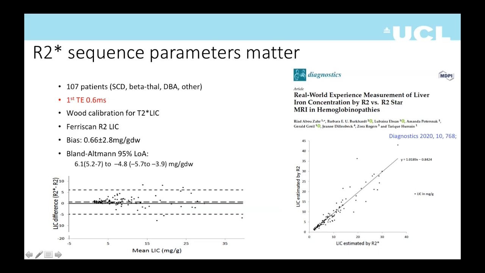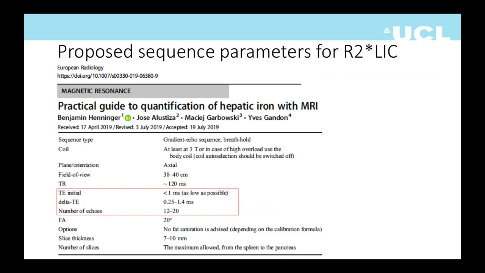So we have recently published a guide to how to quantify hepatic iron with MRI, and there is a set of parameters that should be generally adhered to, and they are non-negotiable. And I want to highlight this, that again, the first echo time or the initial echo time is as low as possible, and it has to be below 1 millisecond so that we can trust the estimation of LIC.